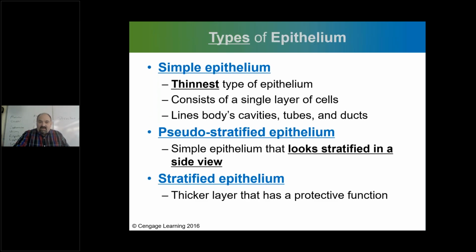So we talked about the epithelium, and we talked about that there was simple and stratified. I said to you that tissue, so look over here, tissue is made up of cells, right?